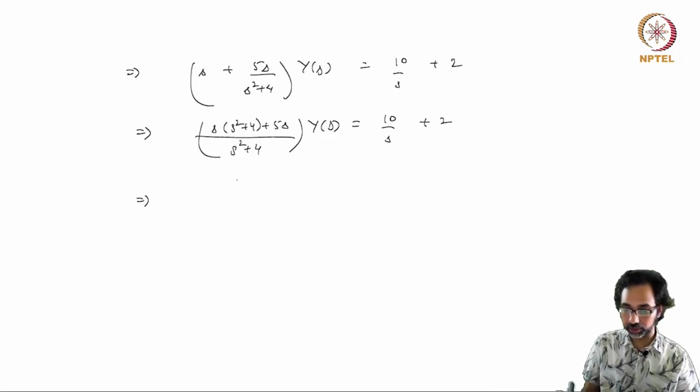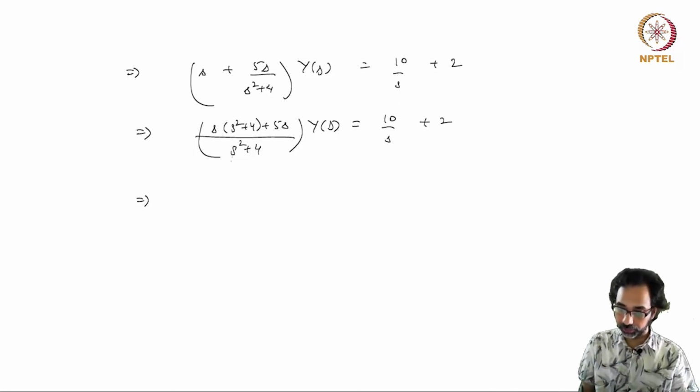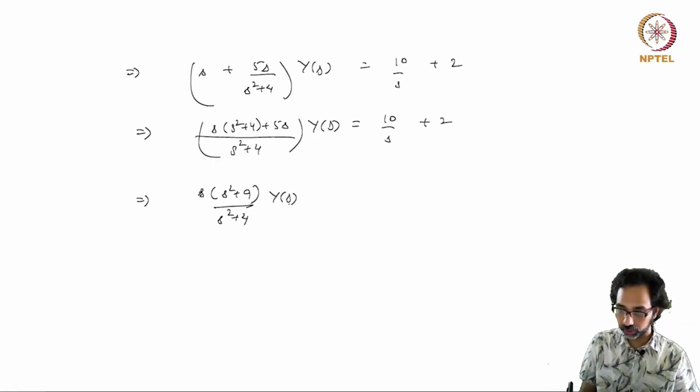And so now you can simplify a bit. In the numerator it is s times (s squared plus 9), and in the denominator it's s squared plus 4. This is multiplied by Y(s), and then you get 10 over s plus 2.